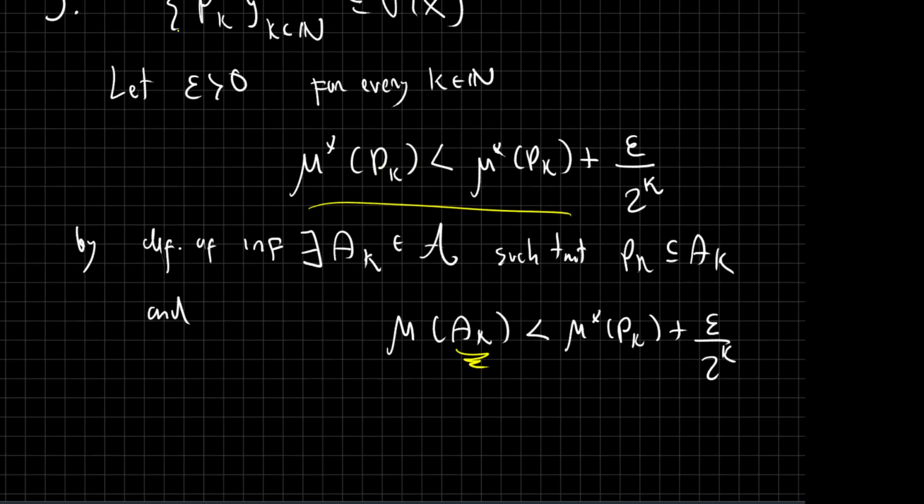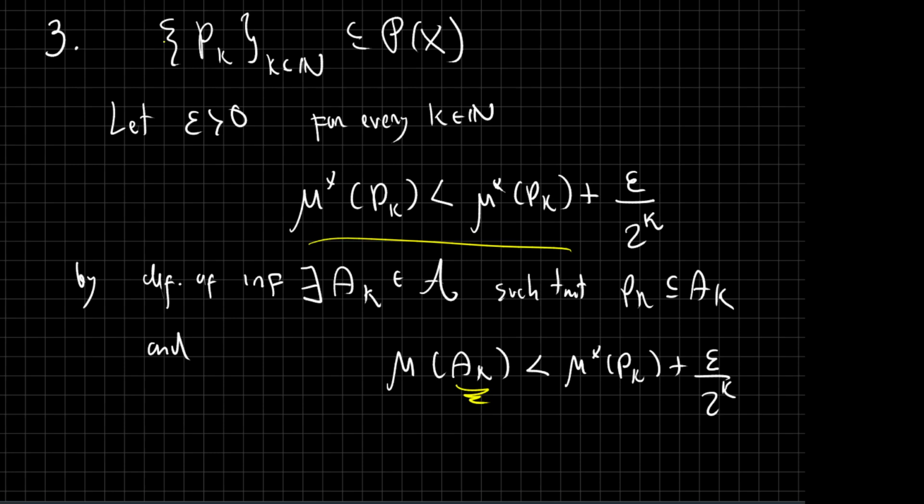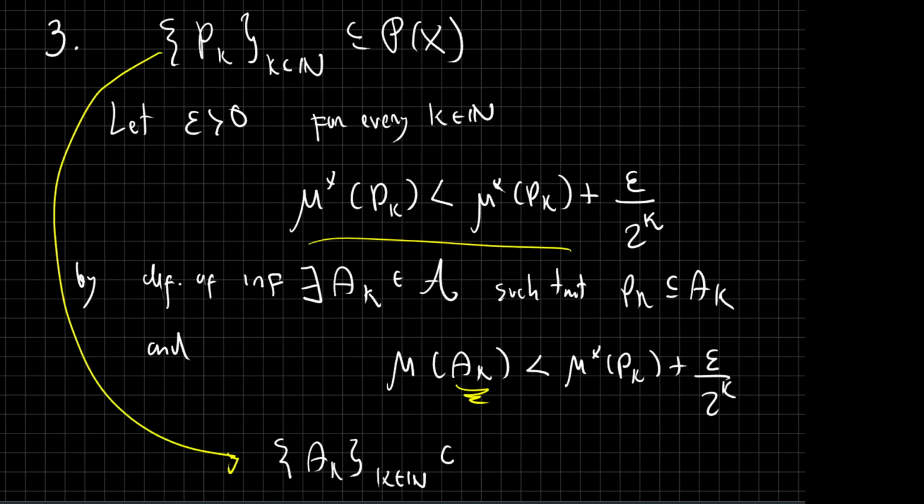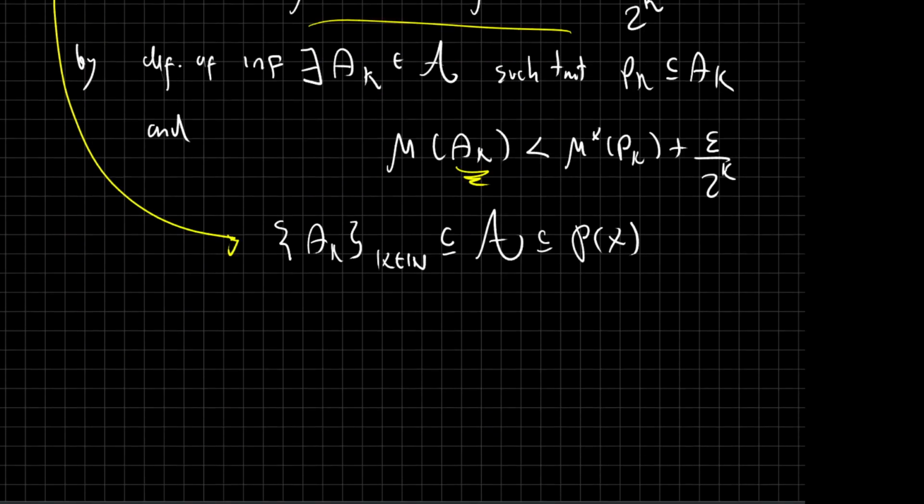So from this indexed family, what we are doing is constructing another indexed family, A_k, which is not only a subset of the power set of X, but also a subset of the sigma algebra, in which we can apply all of the techniques and properties that we know work for sigma algebras.